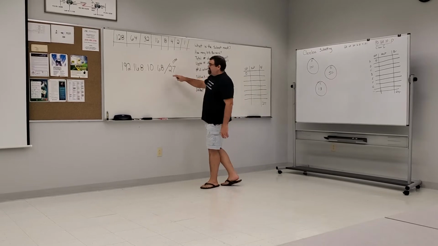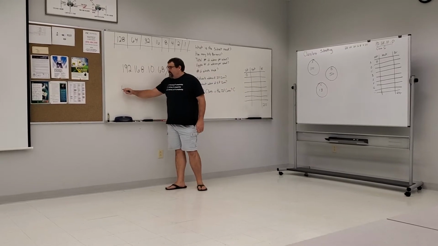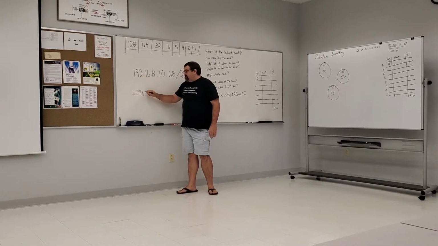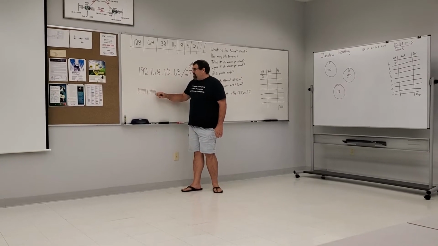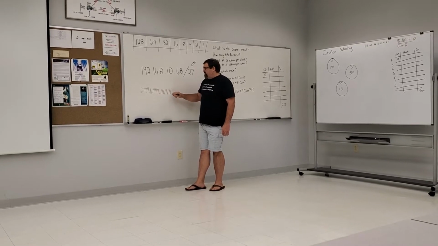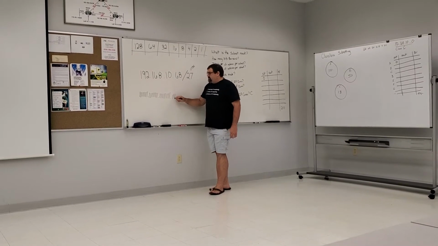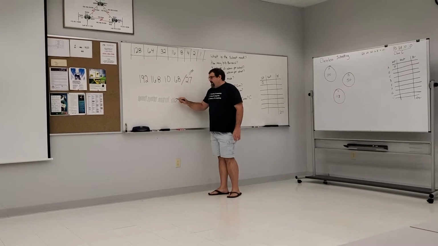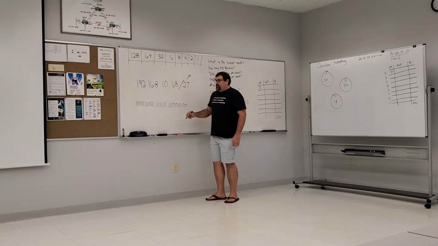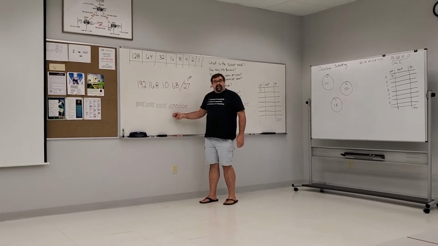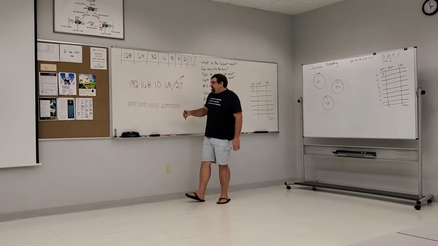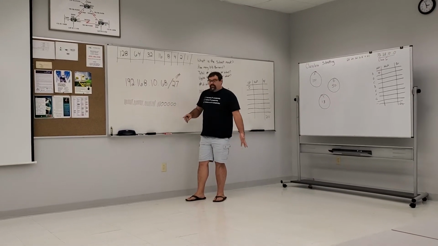So, we just count them out. 1, 2, 3, 4, 5, 6, 7, 8, 9, 10, 11, 12, 13, 14, 15, 16, 17, 18, 19, 20, 21, 22, 23, 24, 25, 26, 27, and then 28, 29, 30, 31, 32. Because remember, each one of these is an octet. So we got 8, 16, 24, 32. Okay? So we got to turn them all on even if we're not using them.